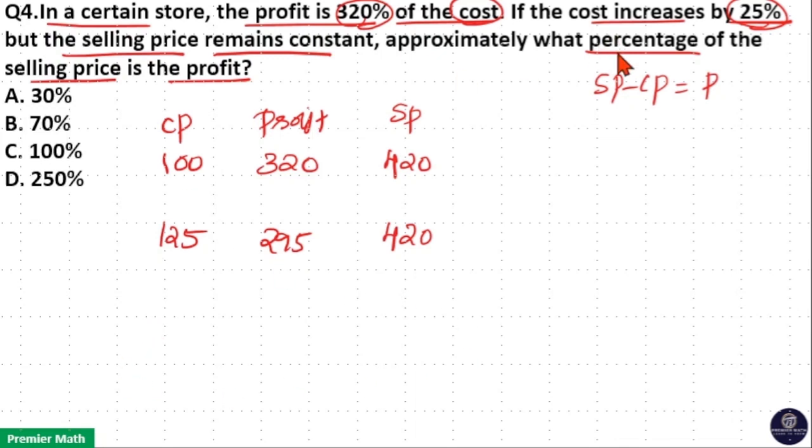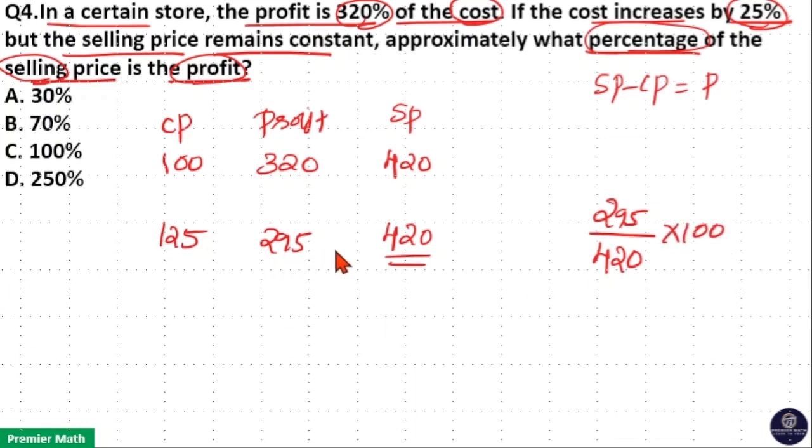Now we need to find out what percentage of selling price is the profit. Now profit is equal to 295. So we need to find out 295 is how much percentage of the selling price 420.